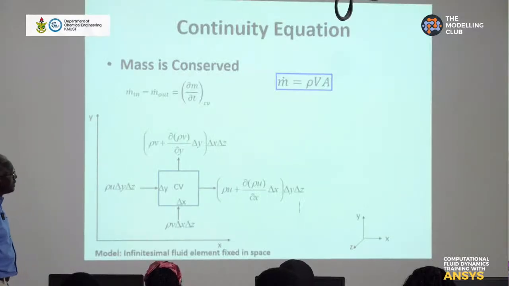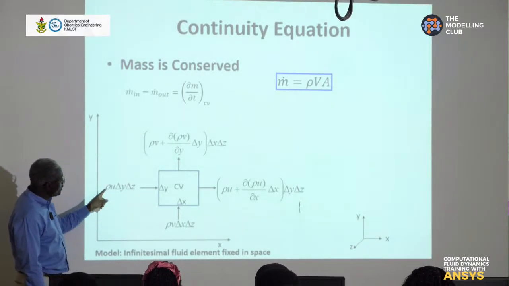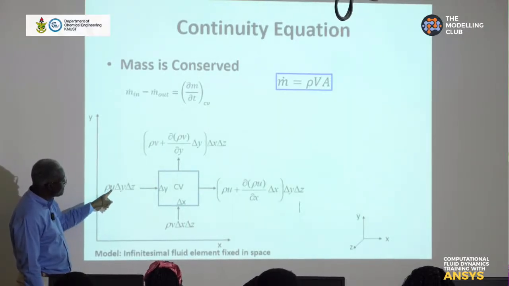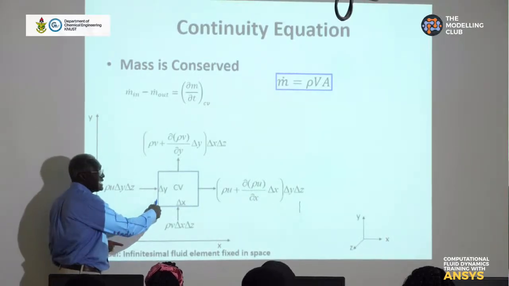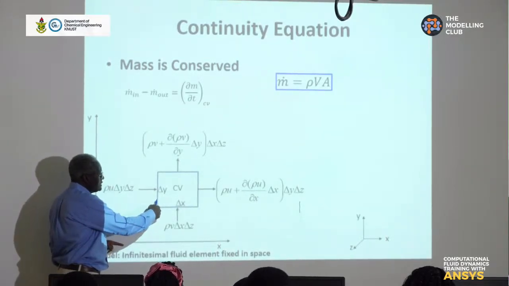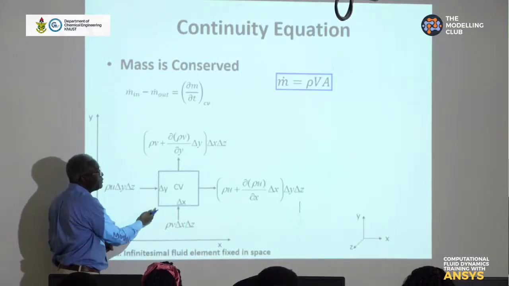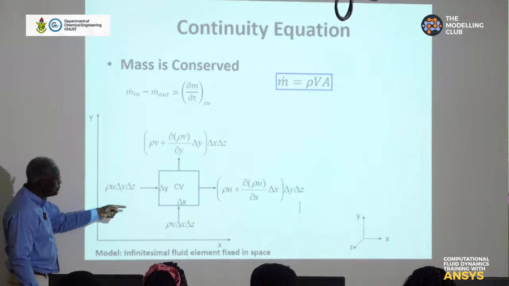And so how is mass flowing in? On this left-hand side, we have the density times the velocity times the area. The area will be the change in z direction times the change in y direction.